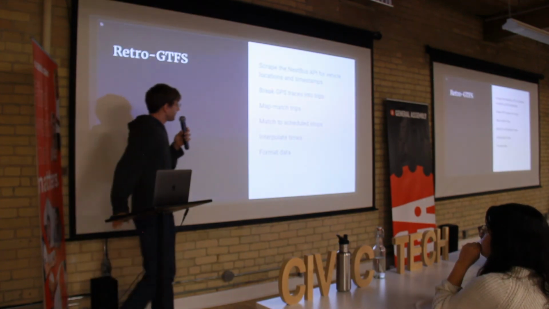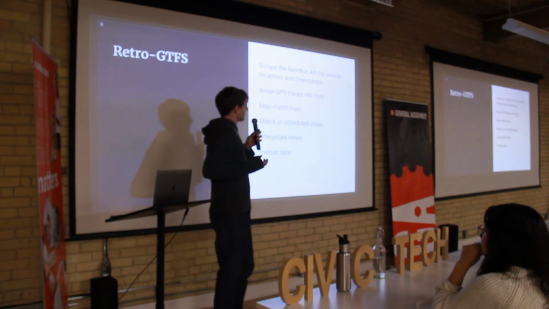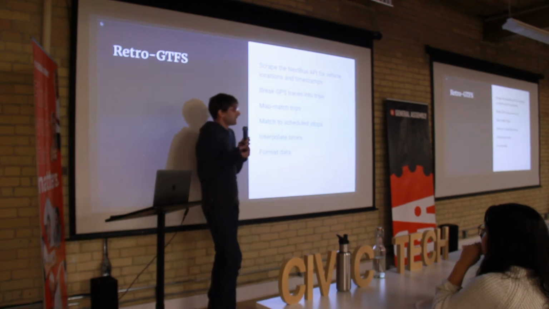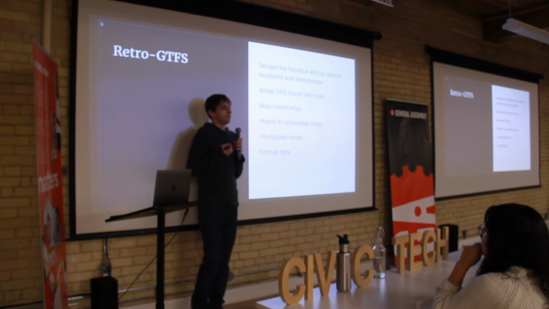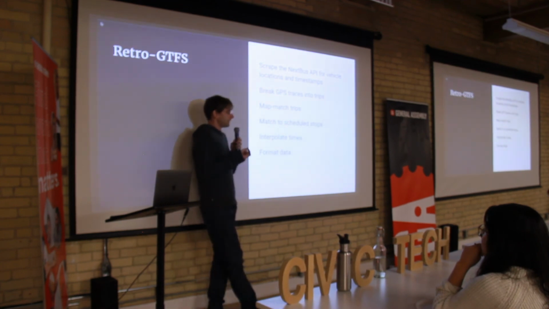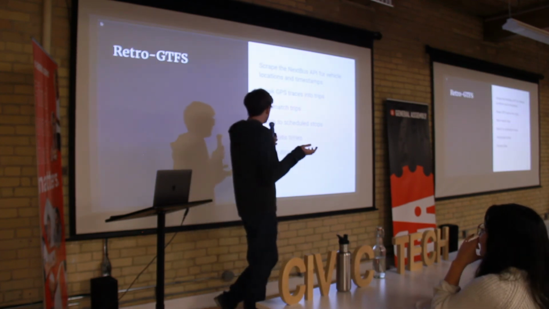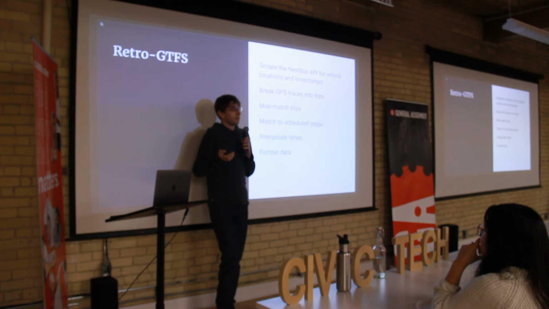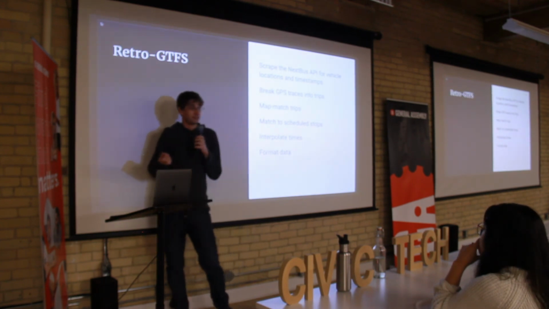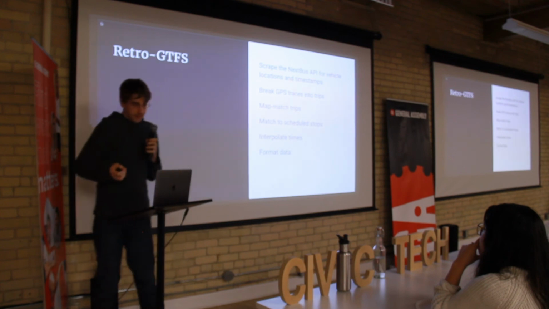So what I did was I built this tool that scrapes the NextBus API. The NextBus API will report the location of every single vehicle in the TTC fleet, except for subways, which is at peak hour about 1,500 vehicles, and will report their location with updates every 20 seconds. It's a lot of data. Very high precision, too.